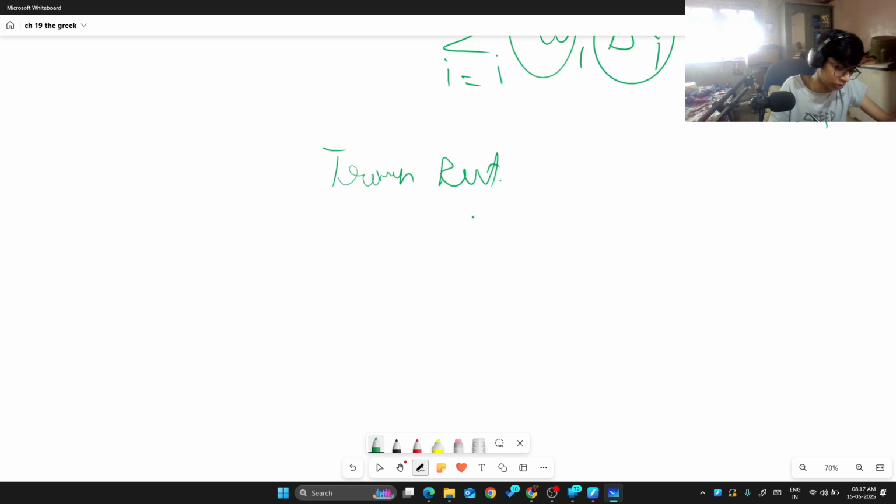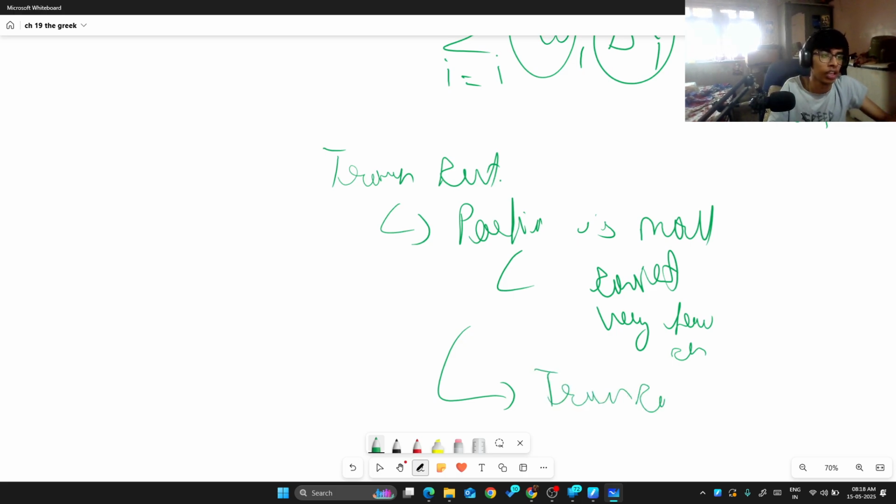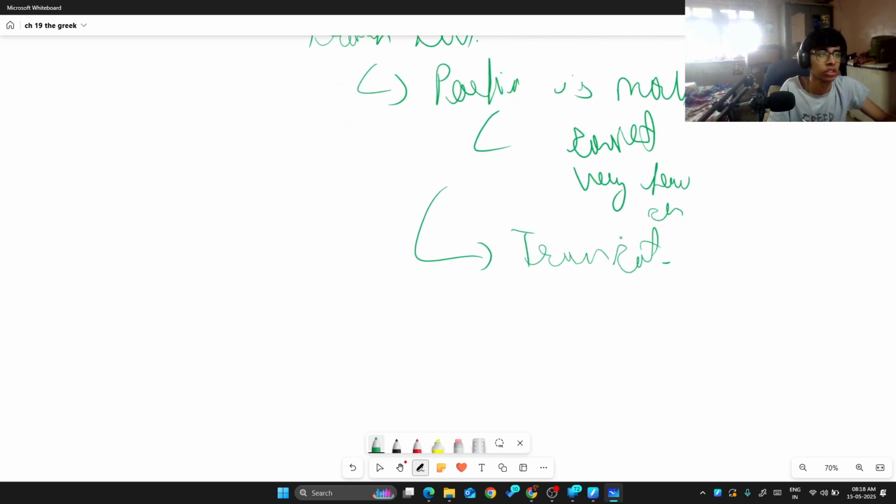Okay, so if the portfolio is small and consists of very few derivatives, the transaction cost is an issue. We have to hedge according to the transaction cost because the transaction cost is increased.